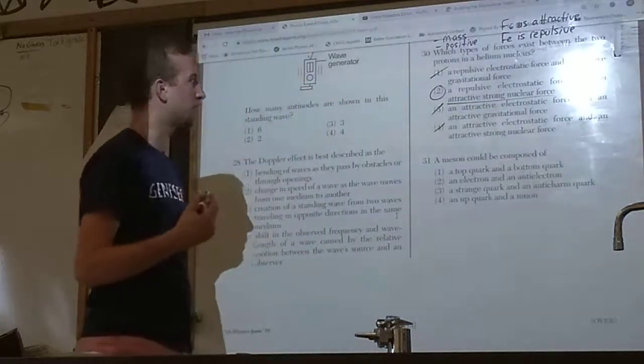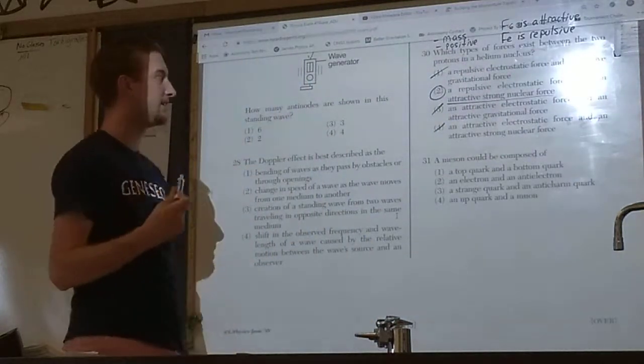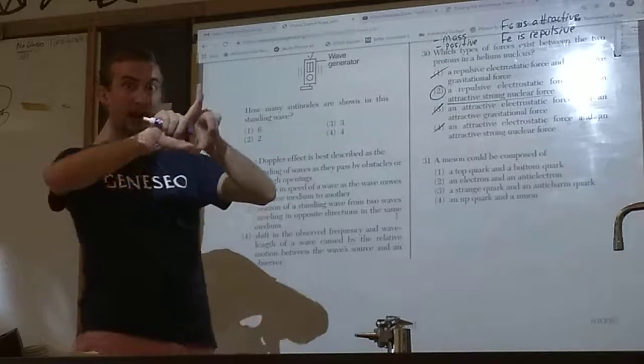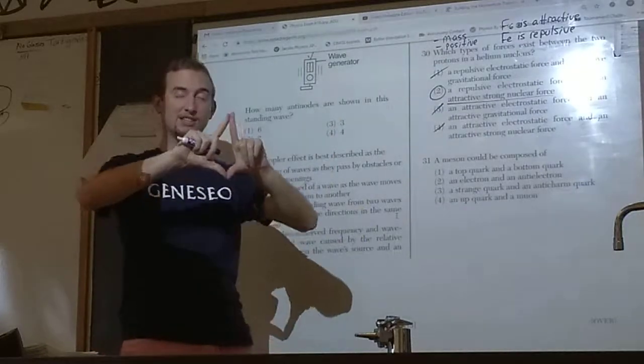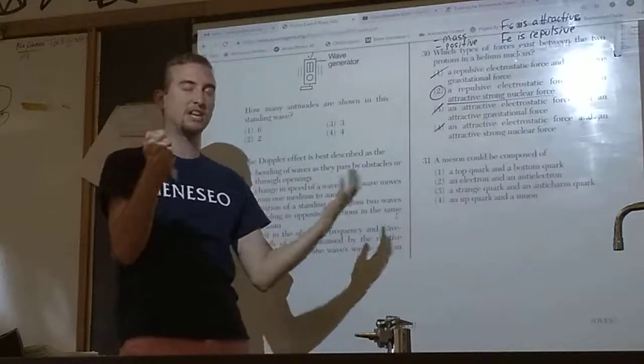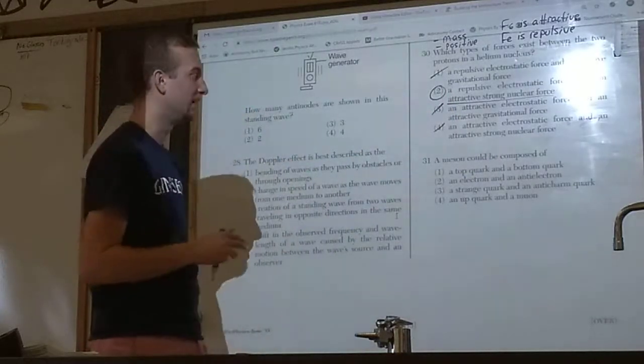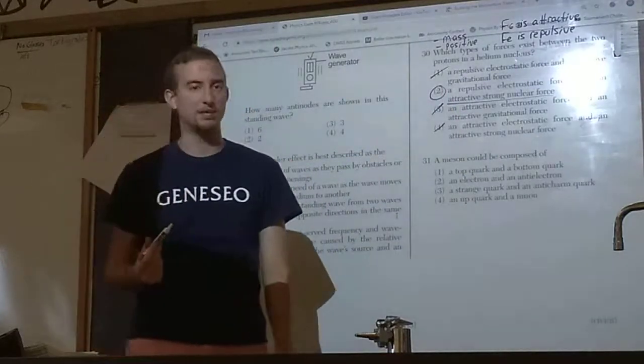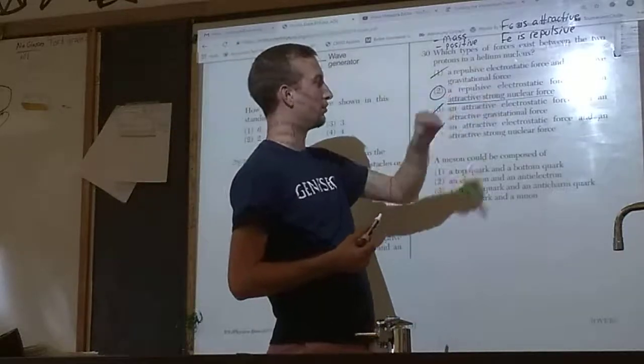And because it's much, much, much stronger, what should happen if the strong force did not exist is those protons would just be blasted out. They would not want to be together. The gravitational force isn't strong enough to keep them together. Therefore, there must be another force keeping them together. We call that the strong nuclear force.